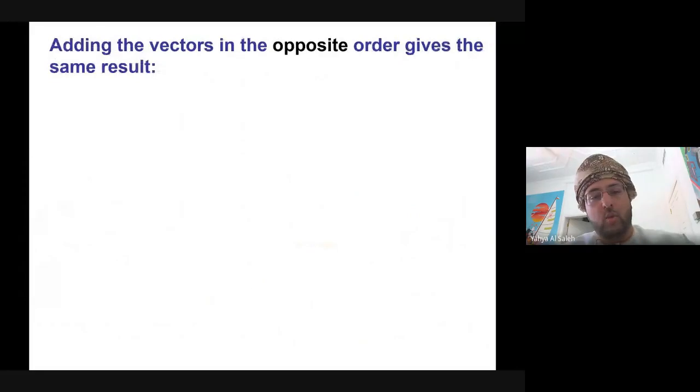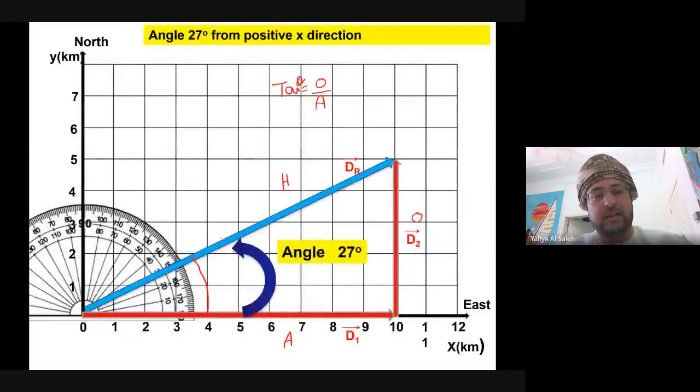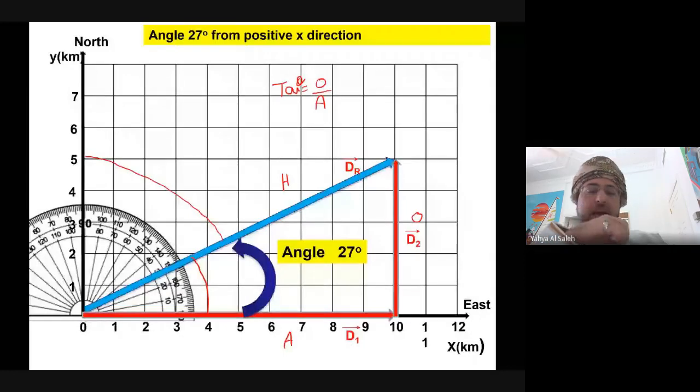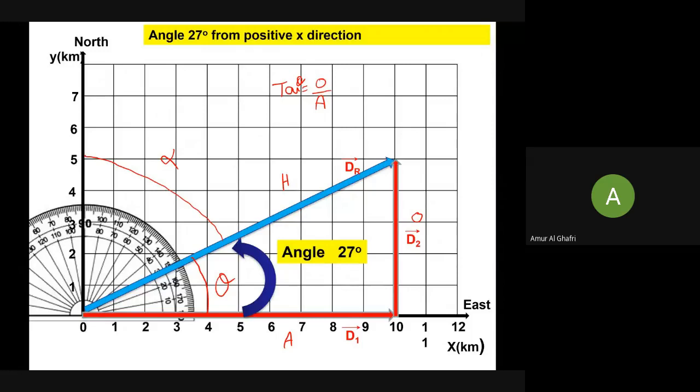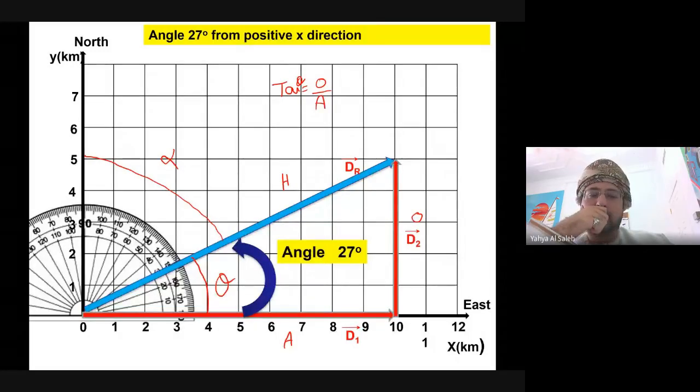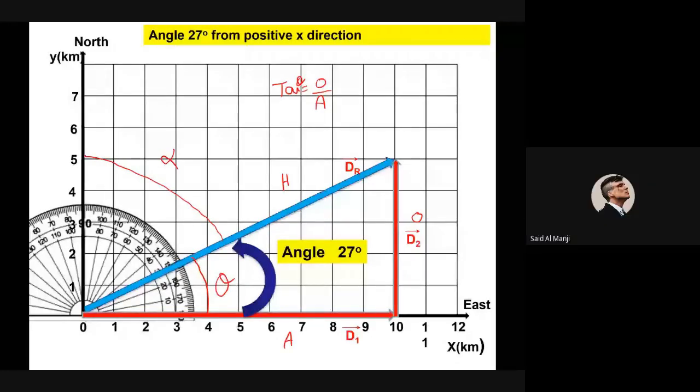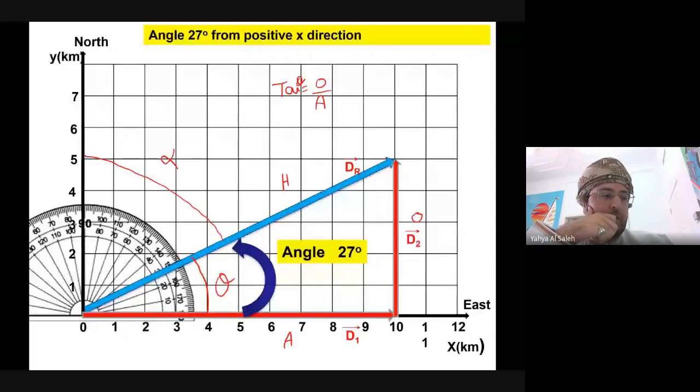Can I use this angle instead? Can I use the angle alpha instead of angle theta? No. Yes. No. Yes. We have to define it. Yes, we can. Okay, so we have almost equal numbers of yeses and nos.